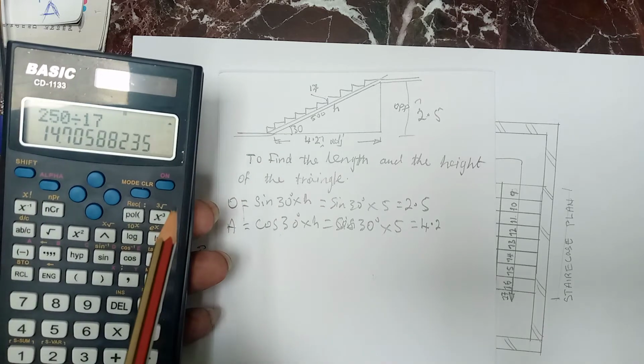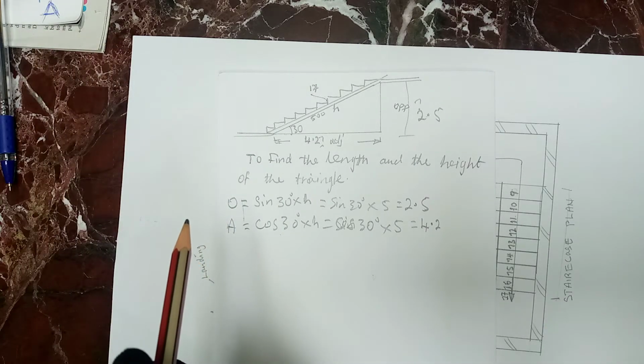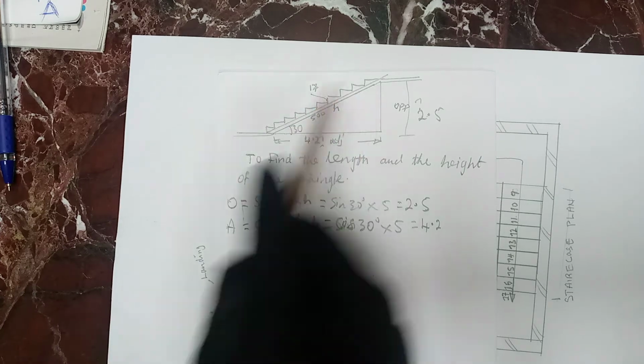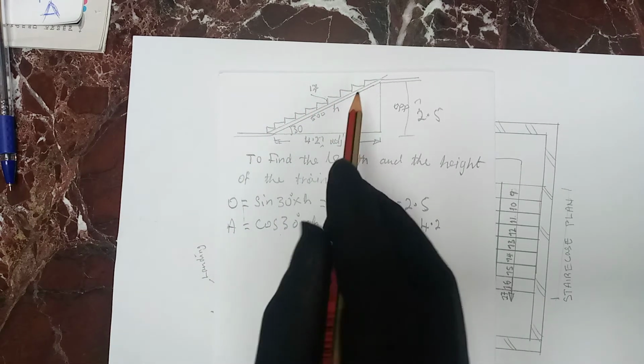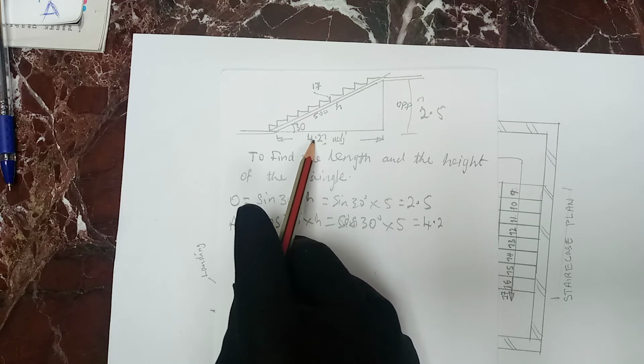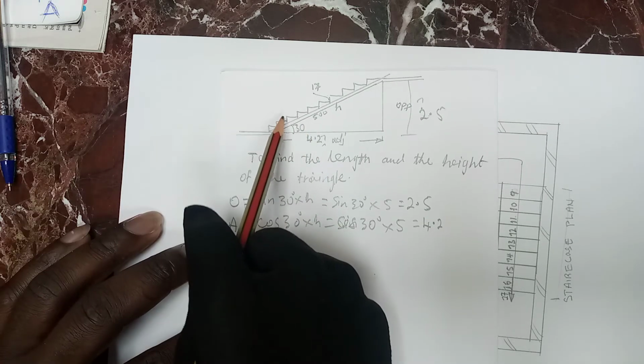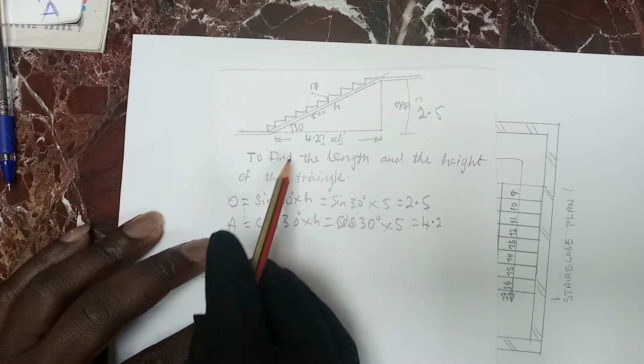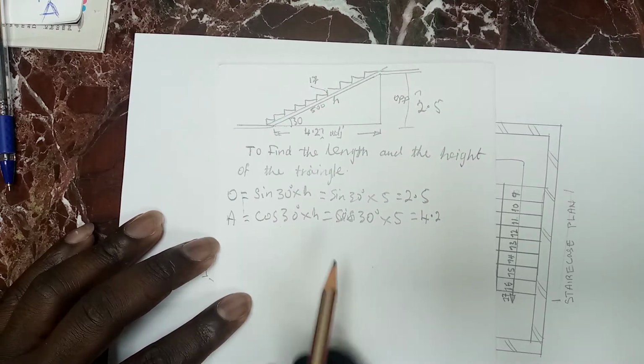We round it up to be 15 steps, which is 15 risers. And we can still use this to know the number of goings.